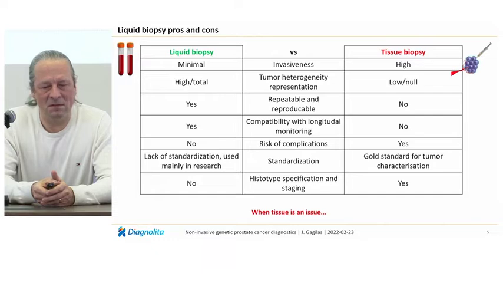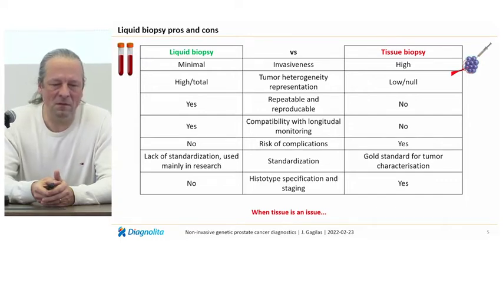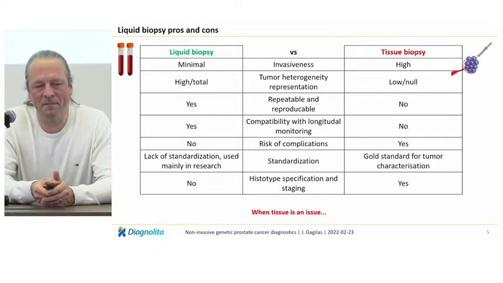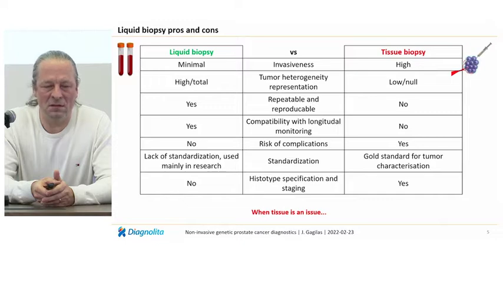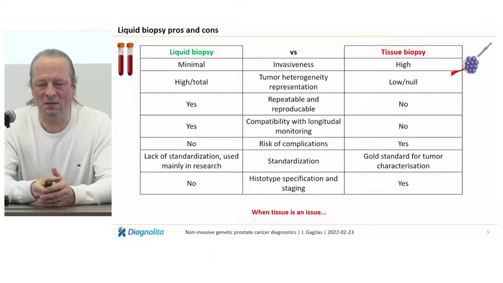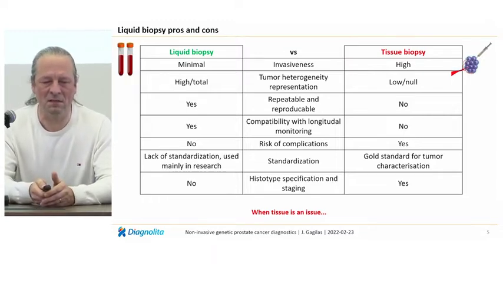You can take samples every day or a few times a day and monitor disease quite easily. There are no complications possible. Some problematic things are that currently there is still a need for standardization, and these technologies are mainly still used in research. When you get some information, it is still not possible to have histotype specification and staging. With tissue biopsy, you can easily say what stage the cancer is.